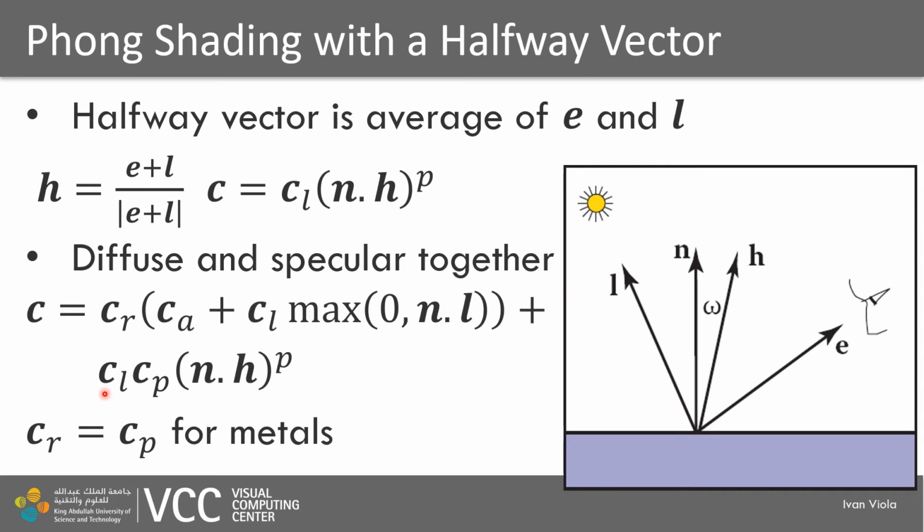And then, furthermore, we have one more term, which is optional, where we can additionally scale the intensity of our specular highlight. This is the term CP, which can again have three color components, but normally this one would be of white intensity, so it will be scaling each component in the same way.